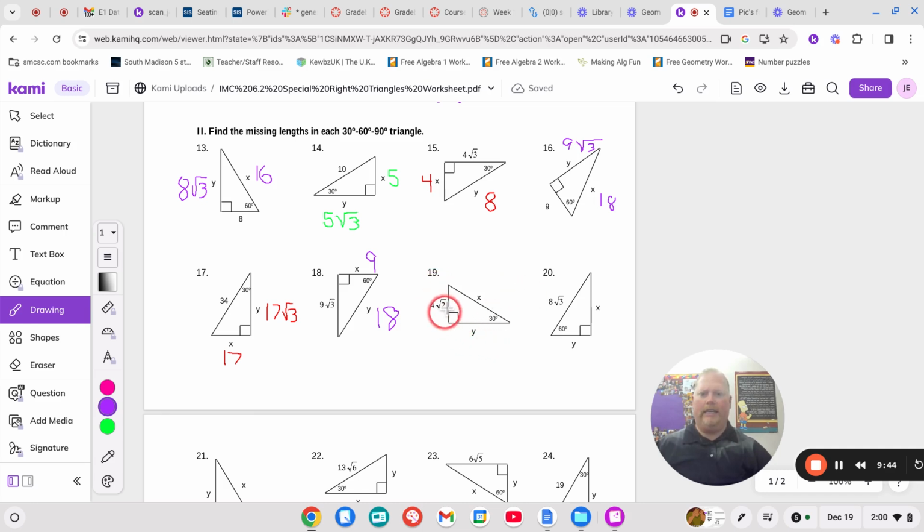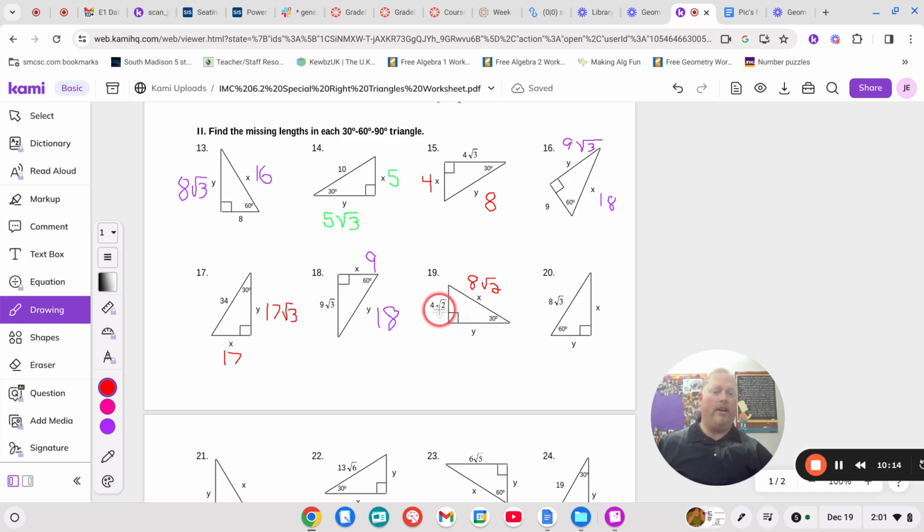Okay, number 19, let's go ahead and do that. Oh, this is interesting. The short leg is 4 square root of 2. So when I multiply 4 times 2, okay, not this 2 right here, but it says to double it to get the hypotenuse. So that'll make 8 square root of 2. And then to get the long leg, I have to multiply by square root of 3.